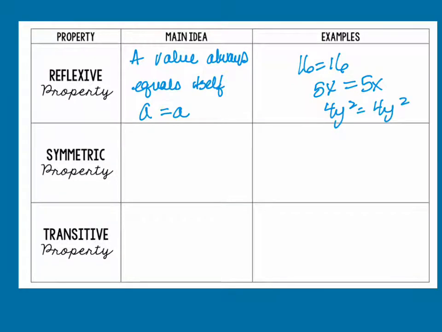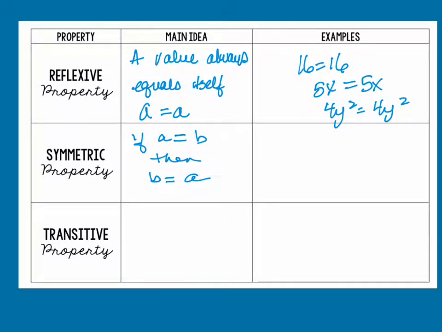Now, symmetric says that if you have an equality, like if a equals b, then b equals a. So it doesn't matter which side of the equality you put something on.